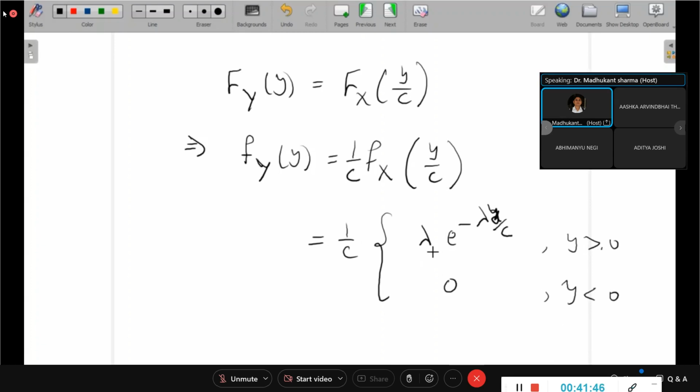Now you can see lambda by c here and lambda by c here, you can collect both. So lambda by c becomes a parameter. c is greater than 0 and lambda is also greater than 0. So this tells you together that Y follows the exponential distribution with parameter lambda by c.